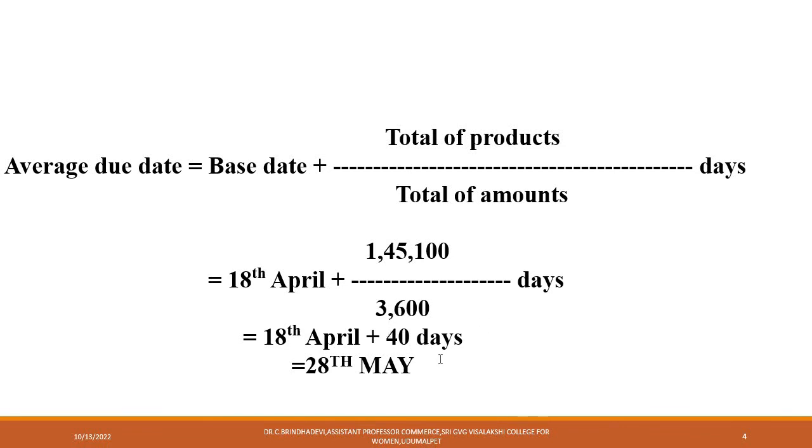That is said to be your average due date. If we add 40 days from 18th April, it leads to the month of May and falls on the 28th. So the average due date for this particular problem is 28th May.